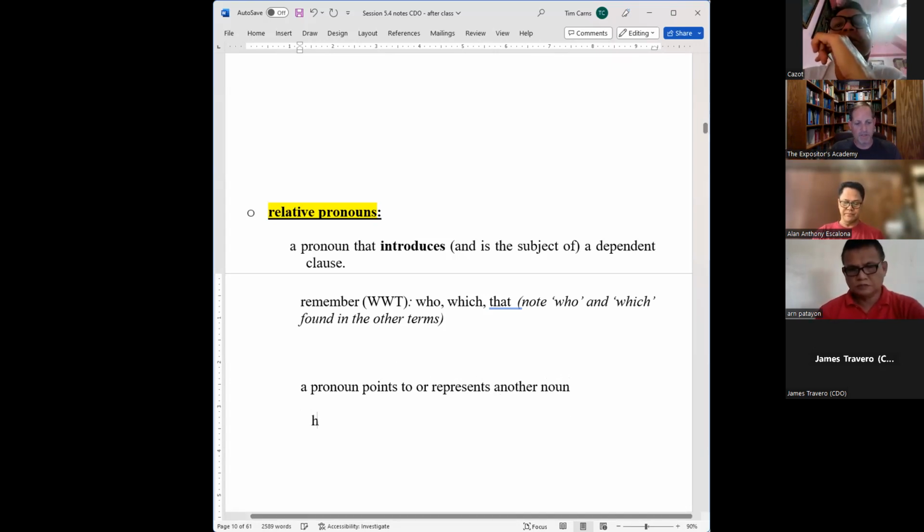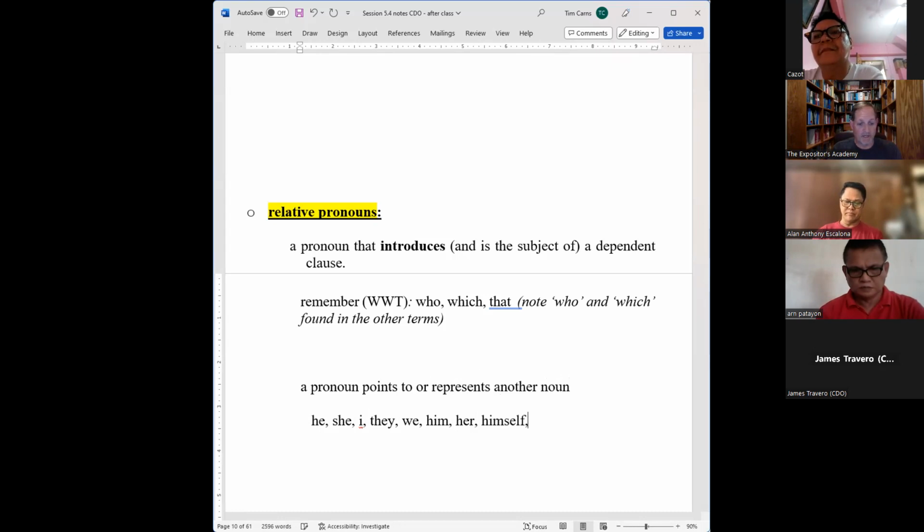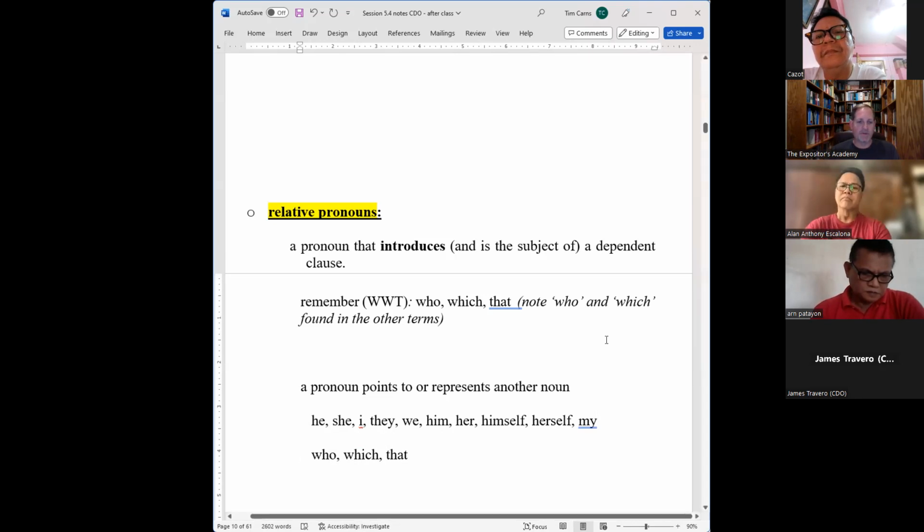You know these: he, she, I, they, we, him, her, himself, herself, right? These are all pronouns. Okay. There are relative pronouns: who, which, and sometimes that, which introduce a dependent clause.